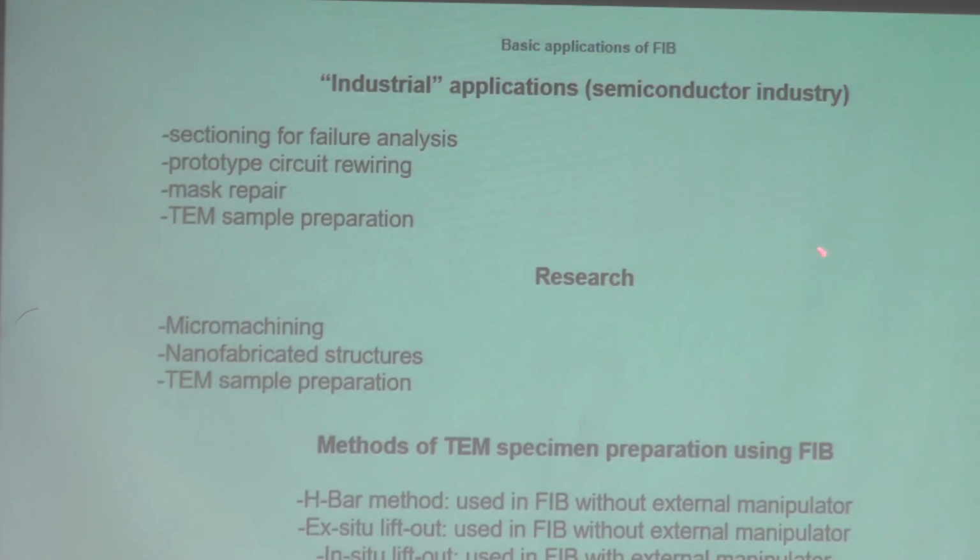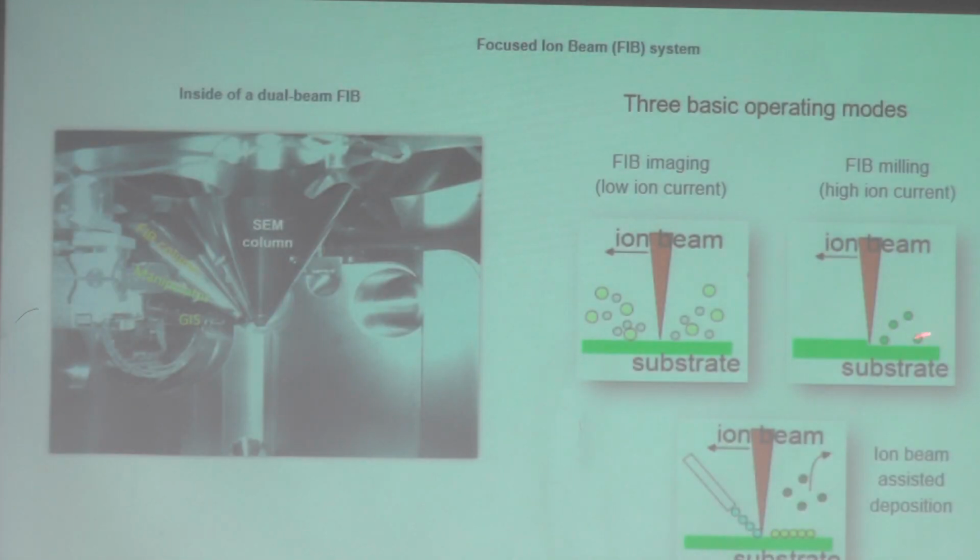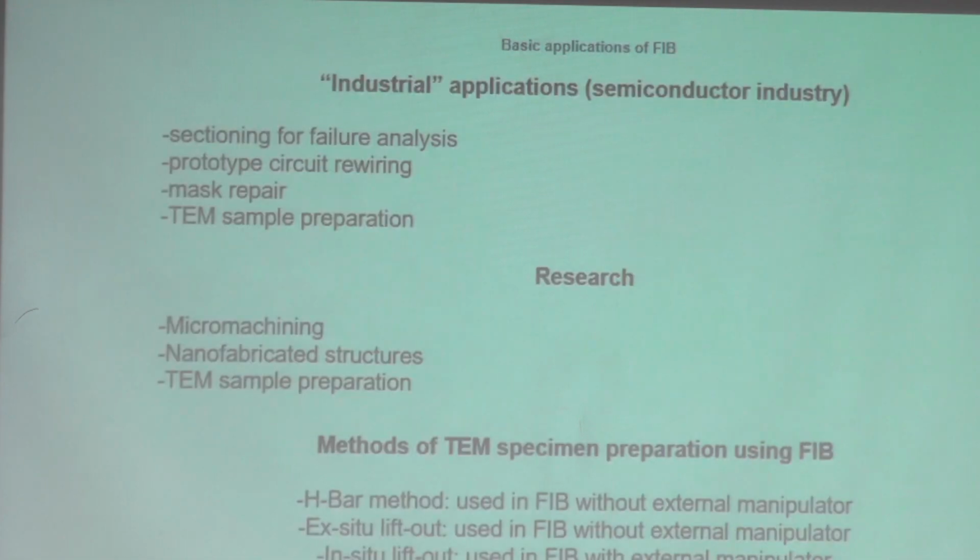For research, you can use it for micro machining and nano fabrication. If you use this mode, you can create nanostructures on your surface. And we are using it primarily for TEM specimen preparation.